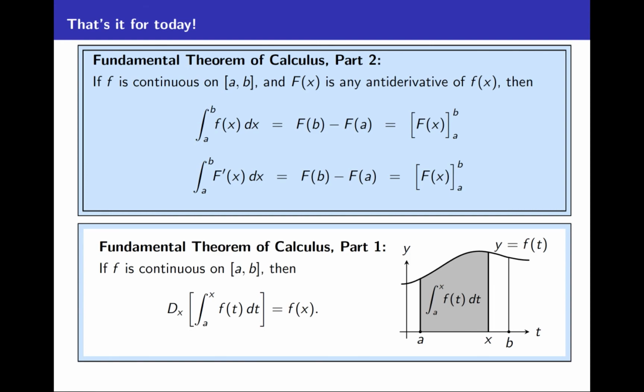Looking at the Fundamental Theorem of Calculus, Part 2, which is the most important version of the Fundamental Theorem, I want to emphasize that we now have a formula for finding definite integrals. Success in using that formula involves finding an antiderivative of little f.